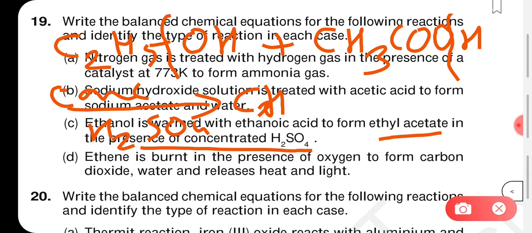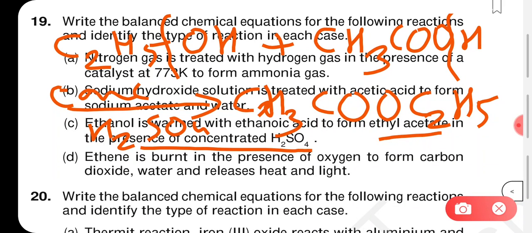So it will form CH3COO. With this part COO, C2H5 gets attached. Okay, C2H5. So esterification is taking place, ethyl acetate is formed. Fine. So what is formed is ethyl acetate, and then this H plus and OH minus form water. So a molecule of water is formed.